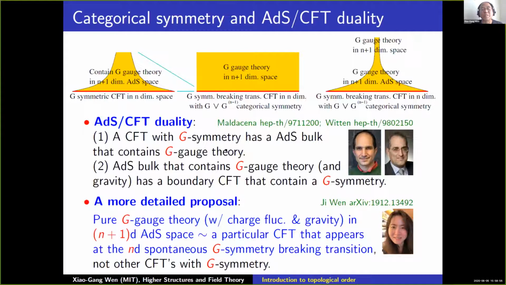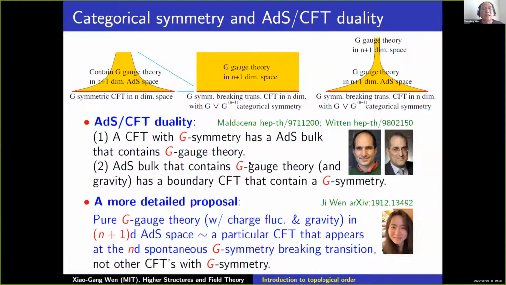That's one statement. Another statement is that if the AdS bulk contains a G-gauge theory, then the boundary should contain a G symmetry. Those are the two things people say in AdS/CFT duality. But what we try to say here is something similar, but a little bit more precise, a tighter statement.